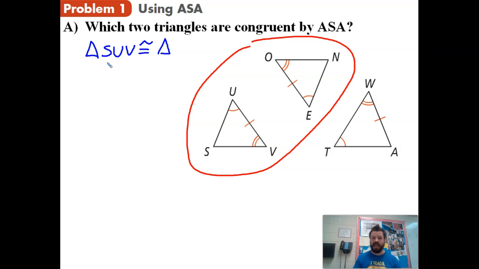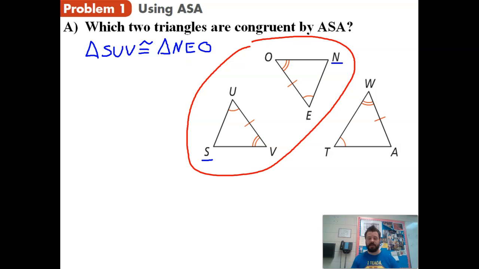Since I put S first in the first triangle, I need to find the angle that it corresponds with, in this case N. Both of these have no arches on them. So we'd say N. Next I did U. U has a single arch, so that'll correspond with E. V was last. V with the two arches, O. So there are many different congruent statements I could write, but once I pick the order for the first one, I've got to stay in the same order for the second triangle.